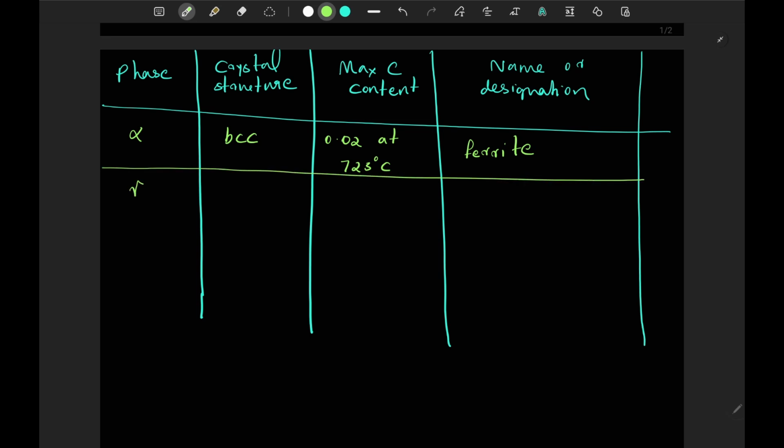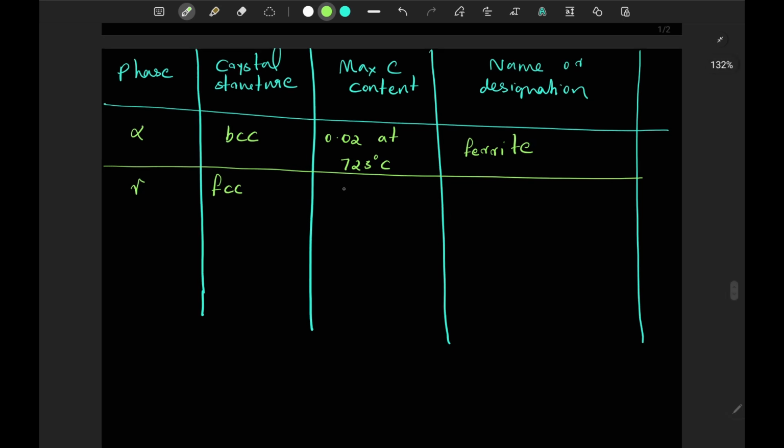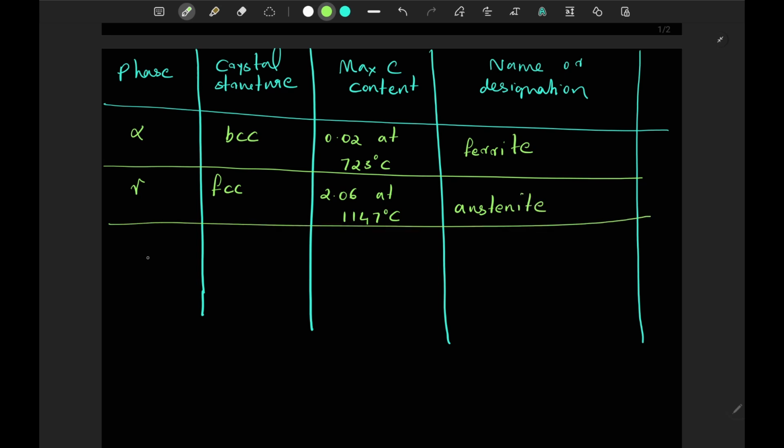Then we have gamma, which has FCC, face centered cubic structure. It has a maximum carbon content of 2.06 at a temperature of 1147 degrees Celsius. It is called as austenite, phase of iron.